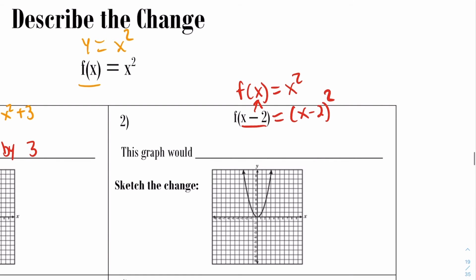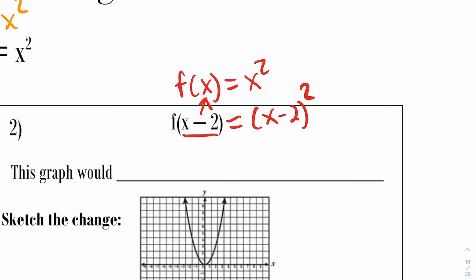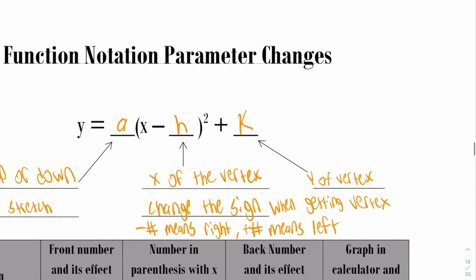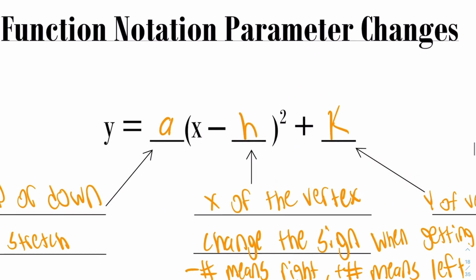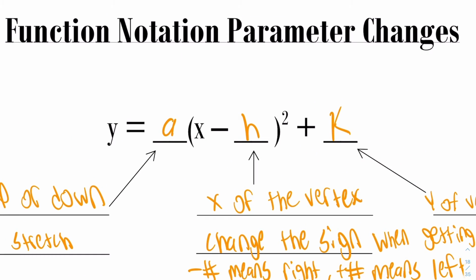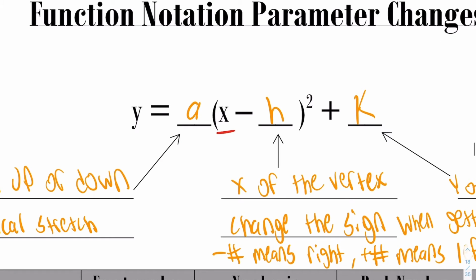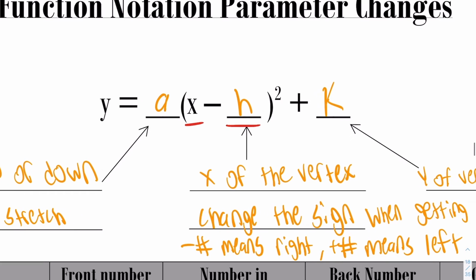Now that we see that we have f of x minus 2 equals x minus 2 squared, where is that minus 2 happening? That minus 2 is happening inside of the parentheses. It's going to be squared. And if you remember our vertex transformations, that's just vertex form now. Now we have an x in the parentheses and another number. That's just vertex form.